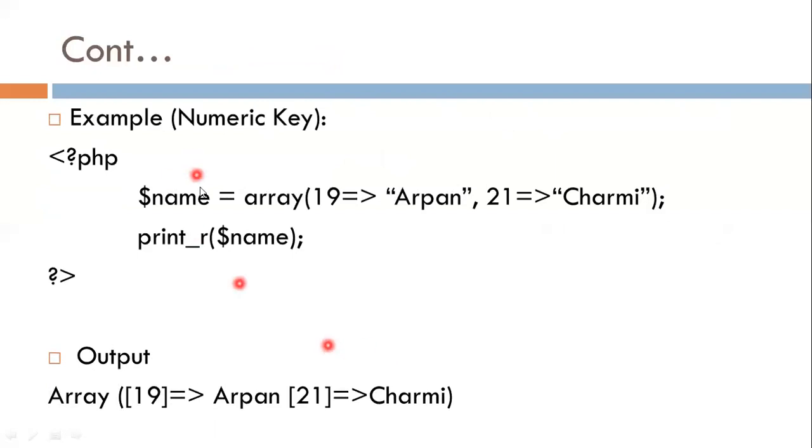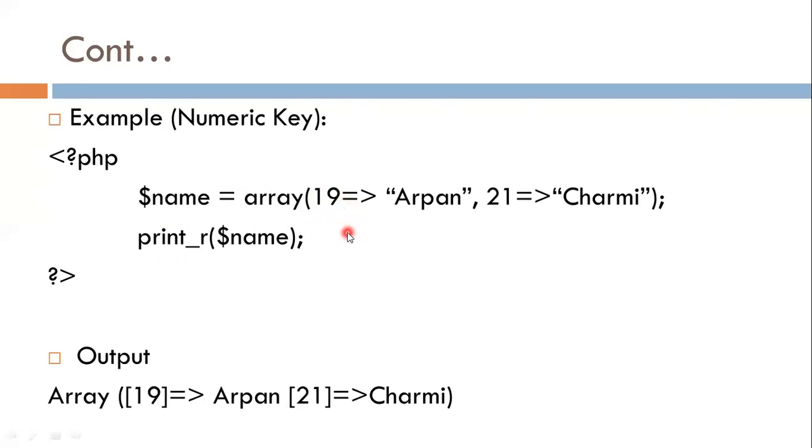For example, here I write one PHP script with a numeric key. In a PHP script I create one array variable, named $name, equal to, using the array function, I create an associative array. In brackets I write the key which is 19.